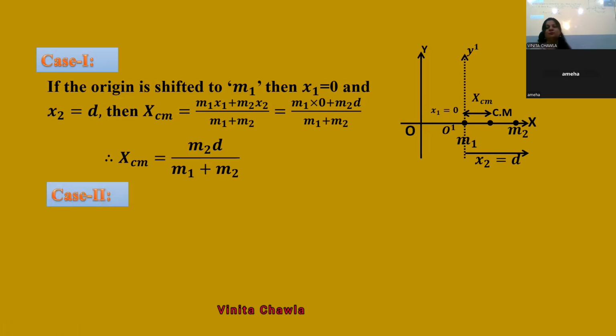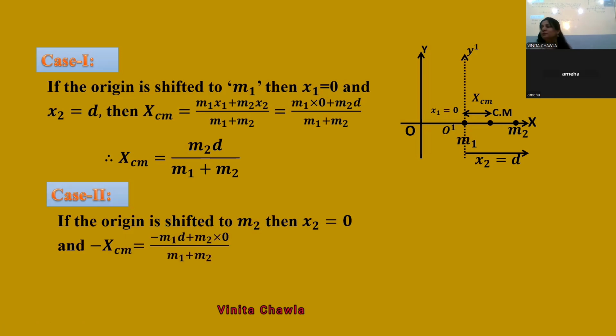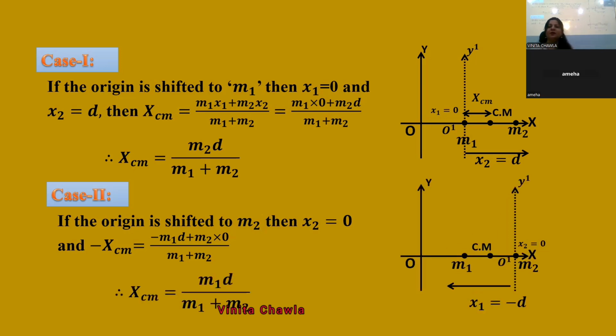Case 2. This time we have shifted our origin to m2. So if we shift our origin to m2, then x2 becomes 0 and m1 lies on the negative side of x-axis. Look at this. Now we have moved our origin to M2.